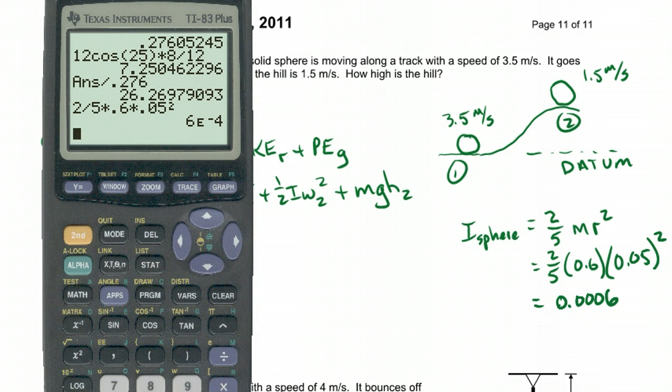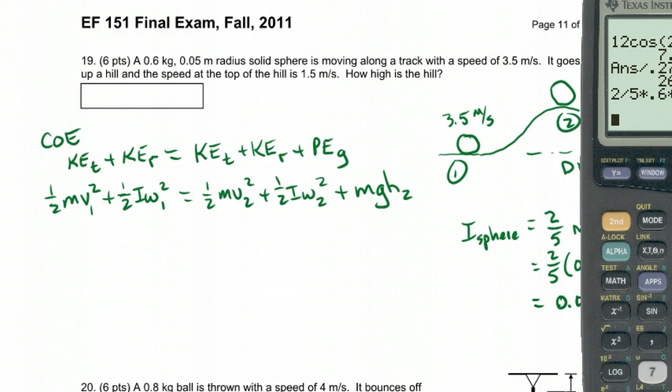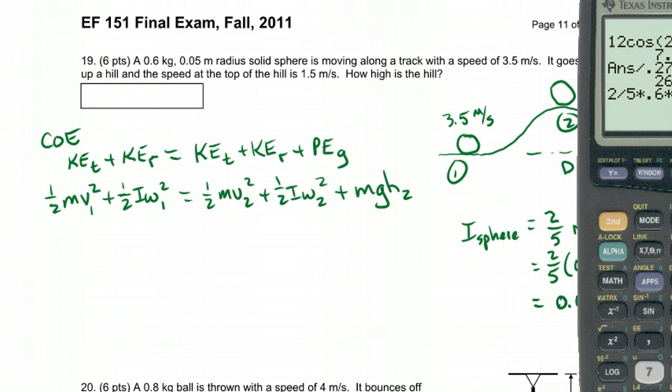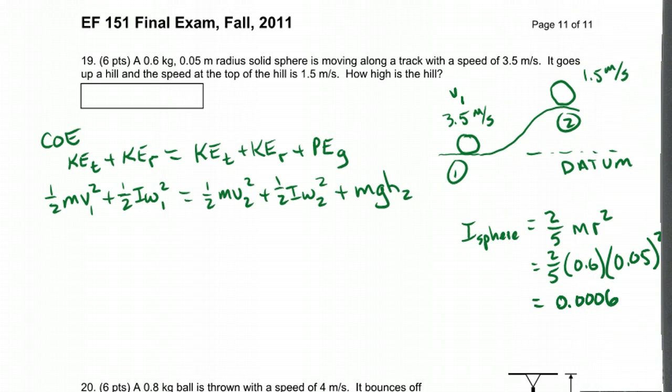We can go ahead and calculate our omega. This is our v1. This is our v2. We can calculate omega as v over r.